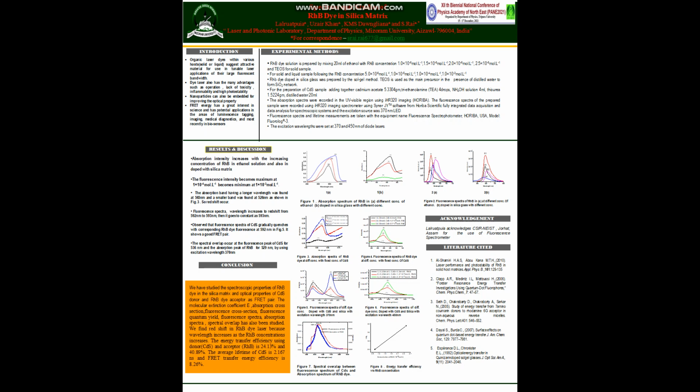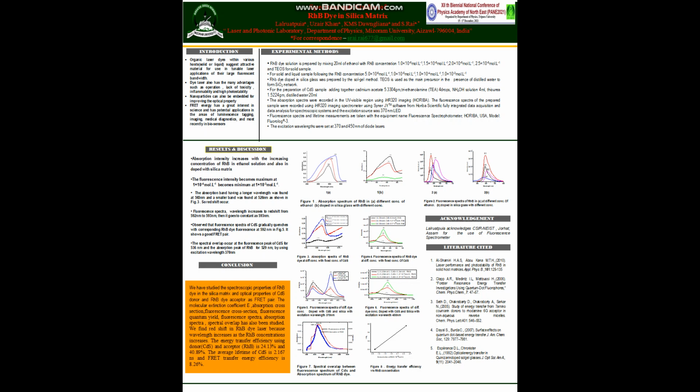So we can see that solid exhibits a broader band than the liquid phase. And fluorescent wavelength of dye in silica glass is slightly blue shifted as the concentration of dye increases. And we can see that intensity becomes maximum at 1 times 10 power minus 4 mole per liter and minimum at 1 times 10 power minus 3 concentration.